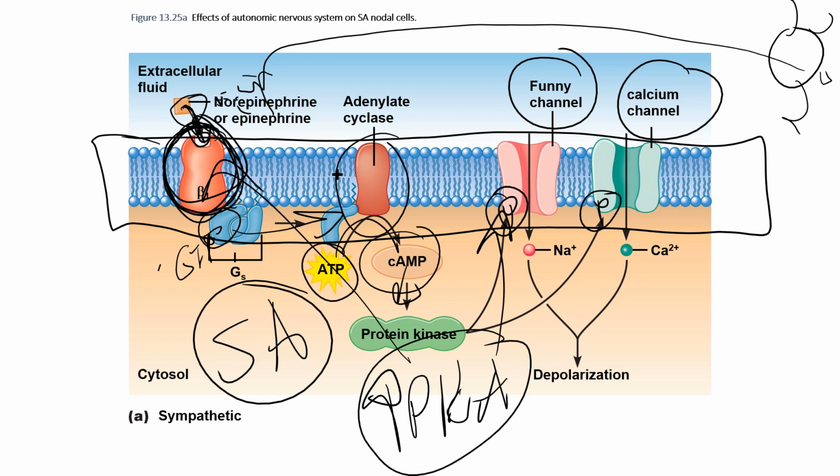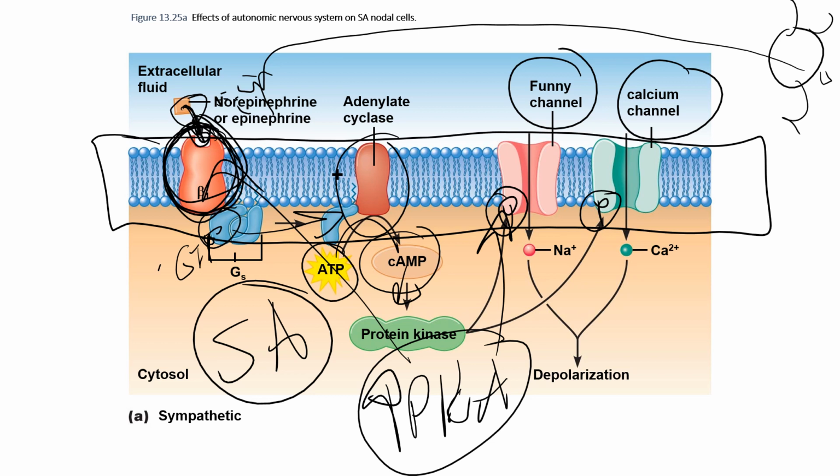So the point is, in a normal functioning heart, when the heart rate is 70 beats per minute, the peak negative potential of the SA node fiber only gets to -60. There's a lot of funny channels that never actually even open, because it doesn't get negative enough for a lot of the funny channels to open.